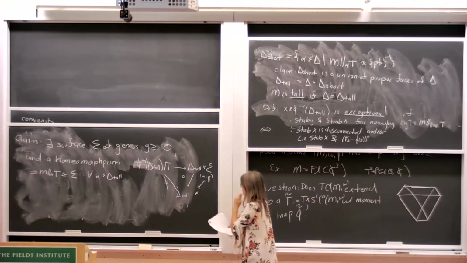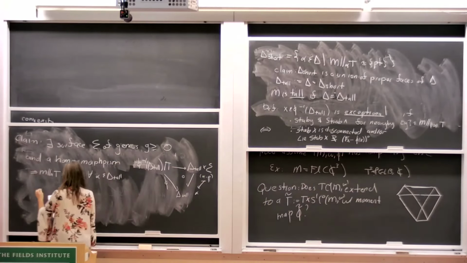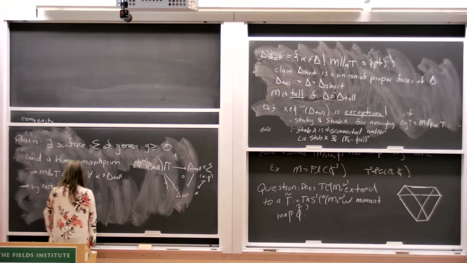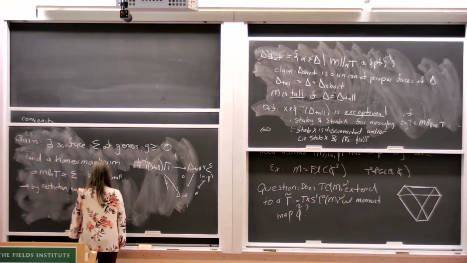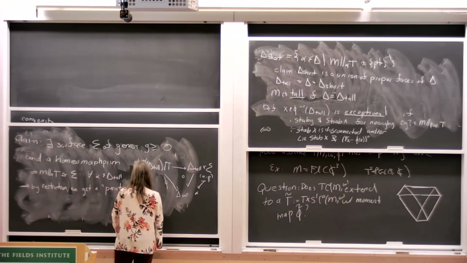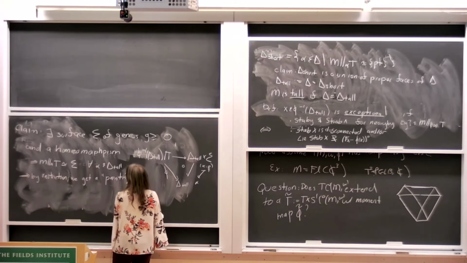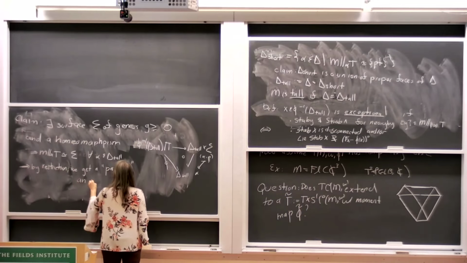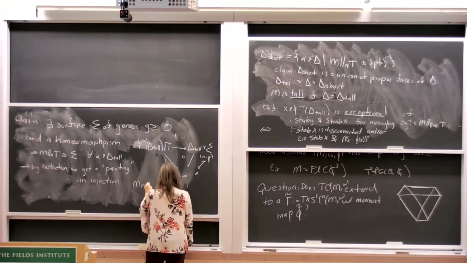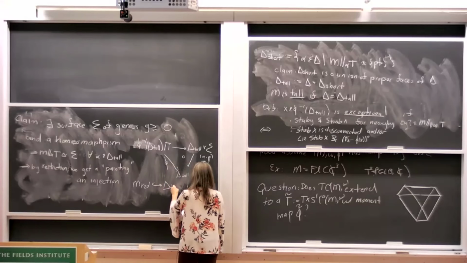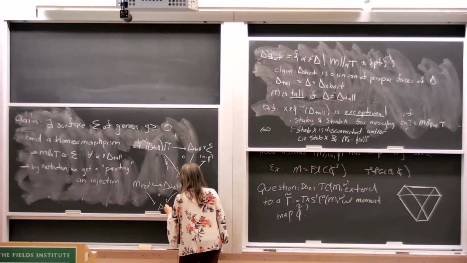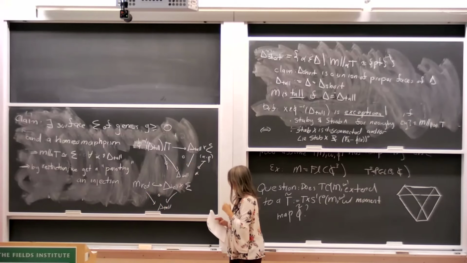Okay, so by restriction, we get what we call a painting, which is an injection from M red into delta tau cross sigma.